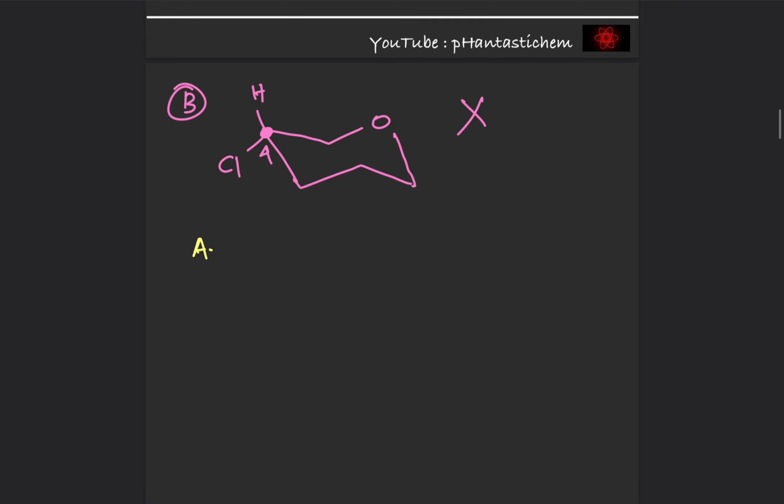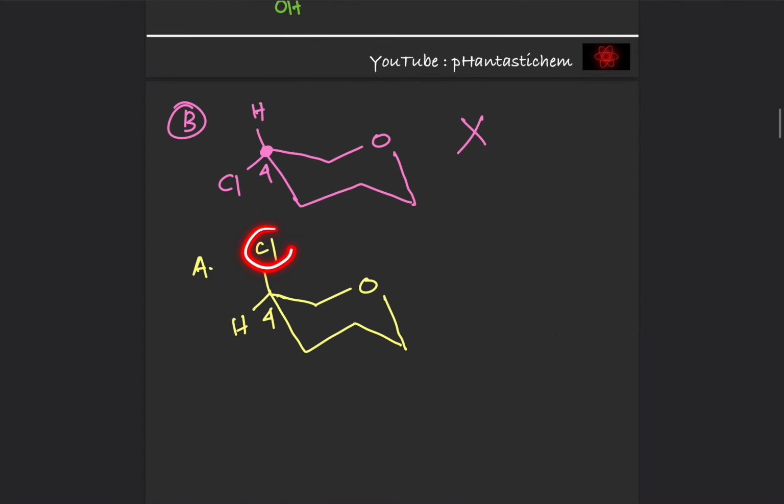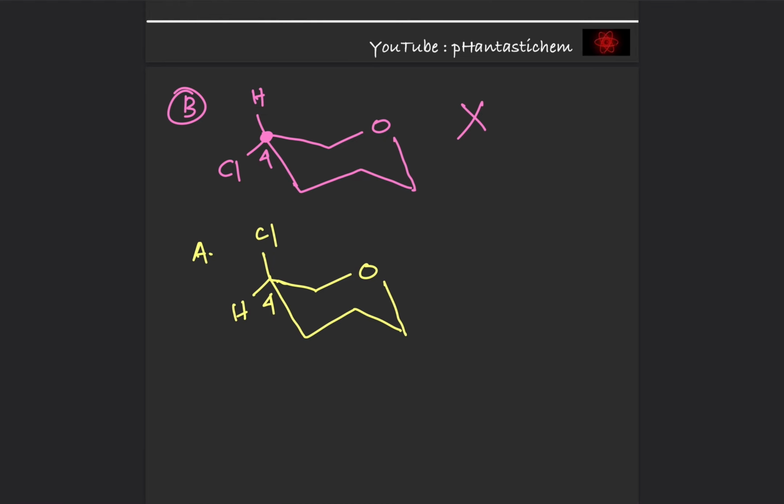If I draw and show you the important parts, first of all, the Cl is in up position in the fourth carbon of the galactose, and you can see here also Cl is in the up position. In option A, Cl is on the up position in the galactose. And in the fructose part, we have CH2Cl here, this is the first carbon, second carbon, third carbon, we have OH.